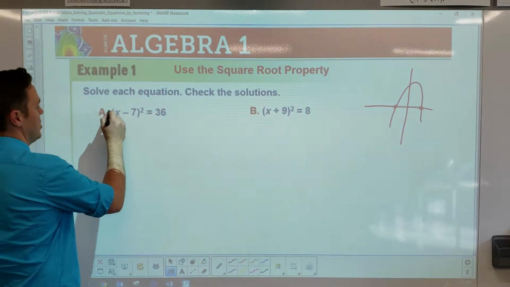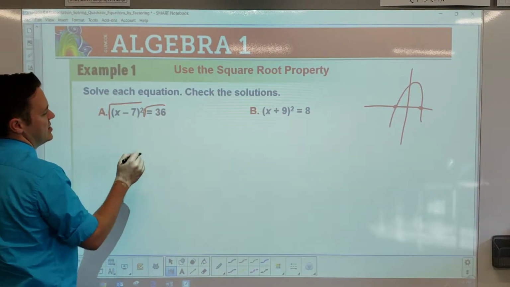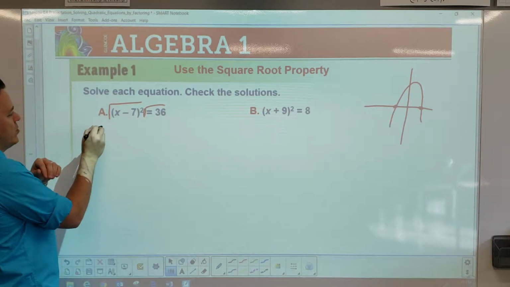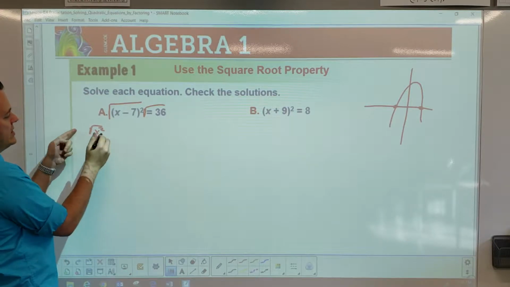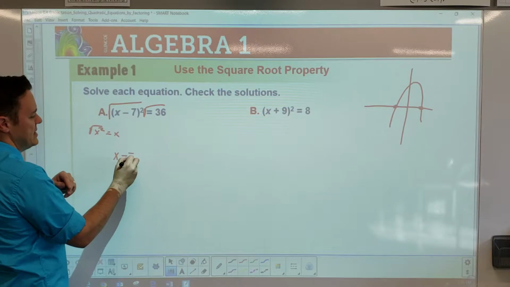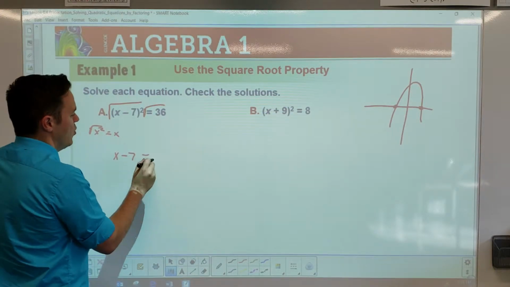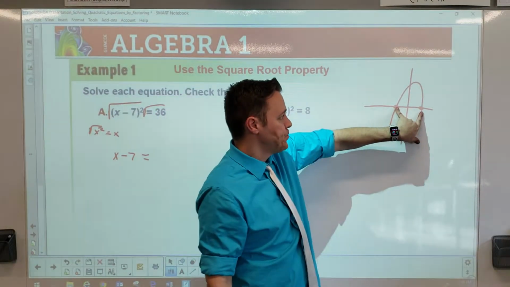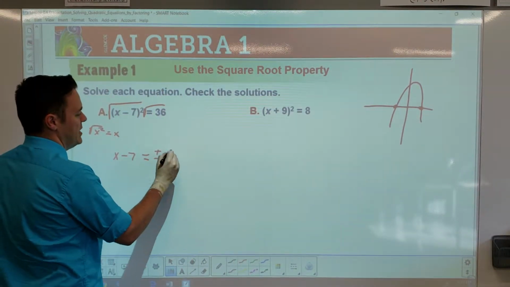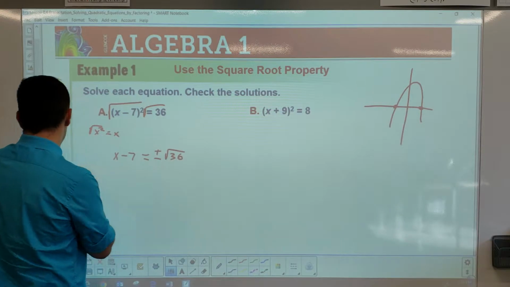First, you take the square root of this side and the square root of this side. What's the square root of x squared? Well, it's x. So it'd be x minus 7. But here's the kicker. We are looking for how many points? Two points. So this side of the equation needs to be plus or minus the square root of 36.